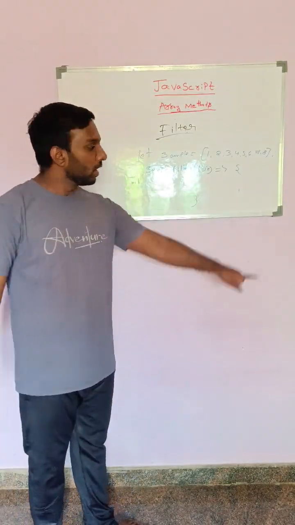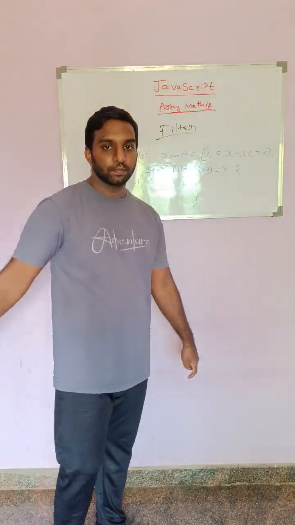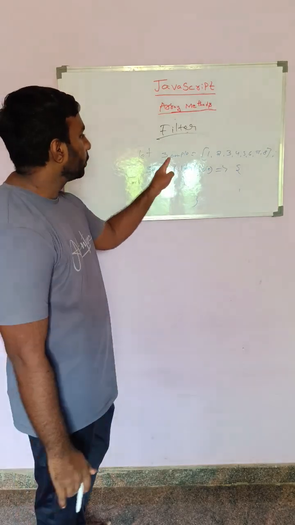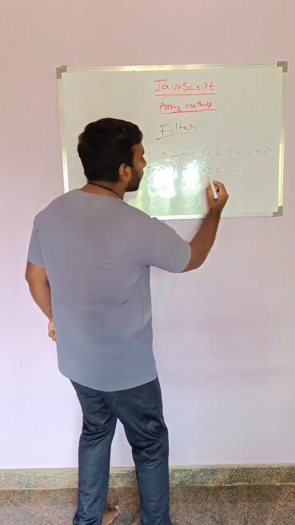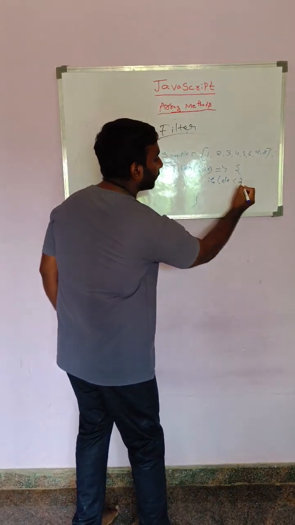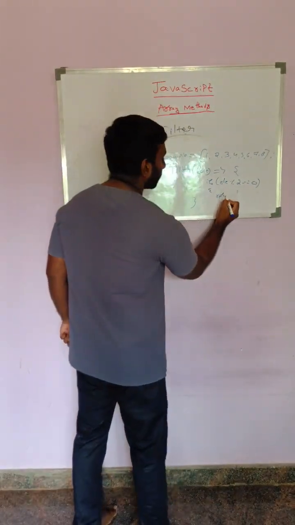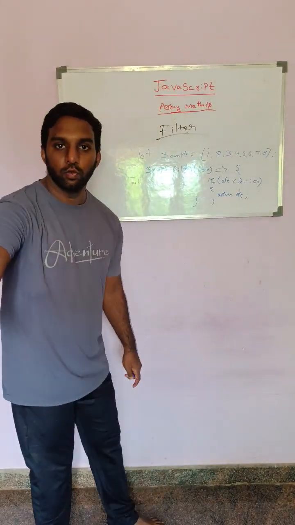So I want only the array of even numbers. I am going to give a condition: if element modulus of 2 equal to 0, then only you return that element.